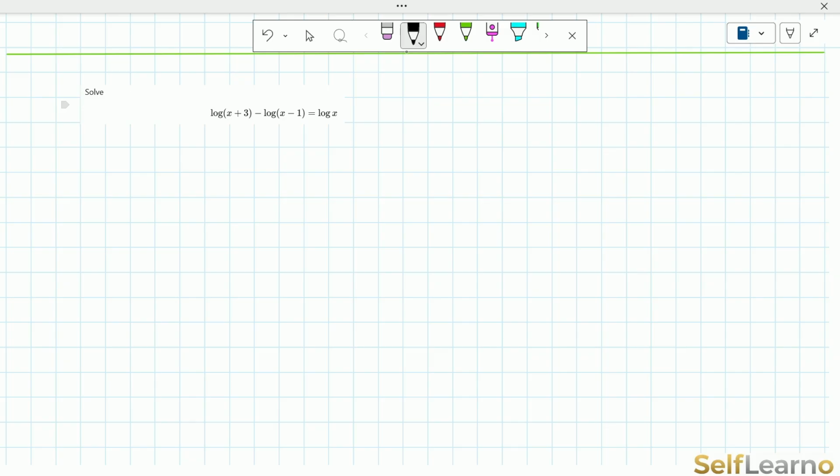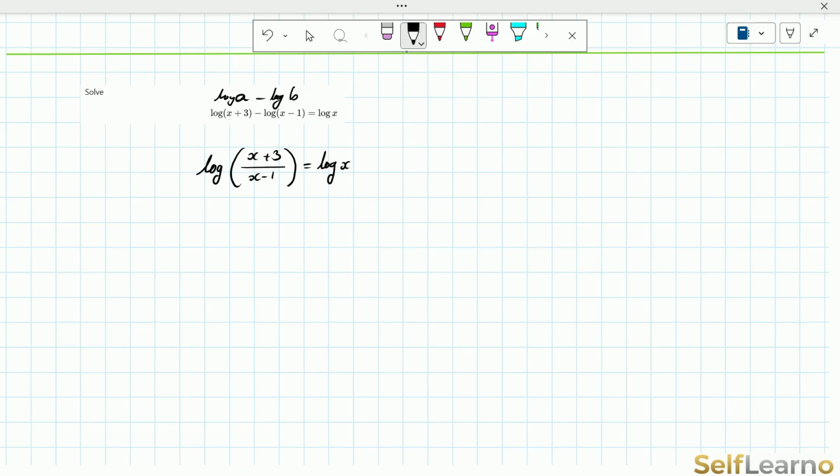Here it is nothing but log A minus log B, so I can apply log A minus log B is log A by B, is equal to log x.